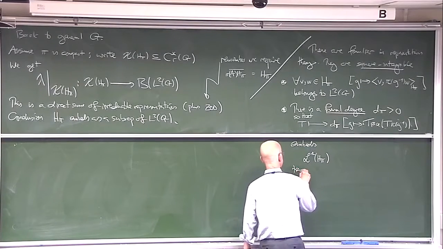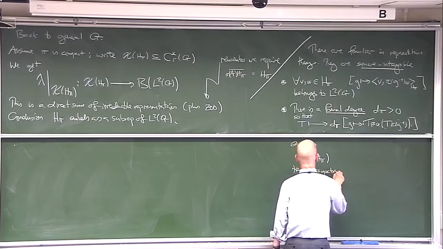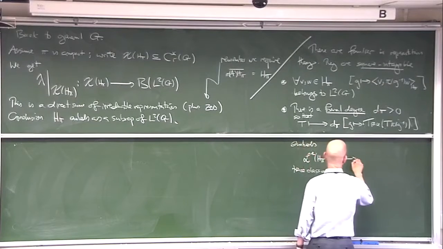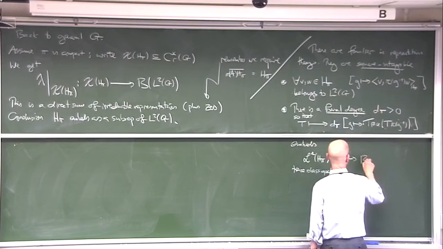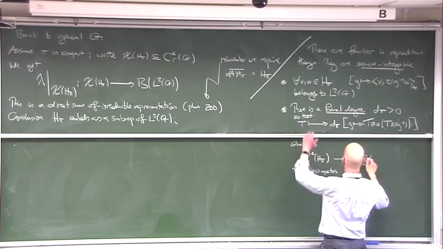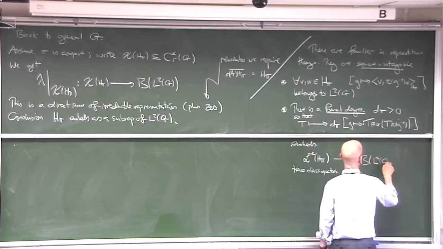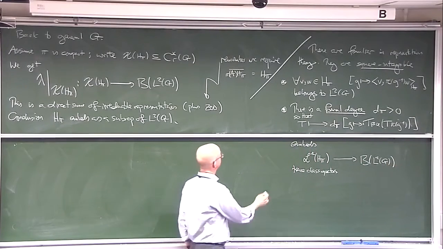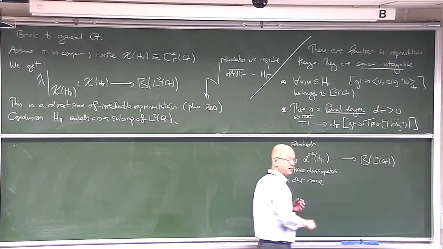The sum of the diagonal elements. In general, all you can say, if we're talking about square integrable representations, is that you end up embedding into the bounded operators on L2 of G. But in our particular case, you can do a little bit better.